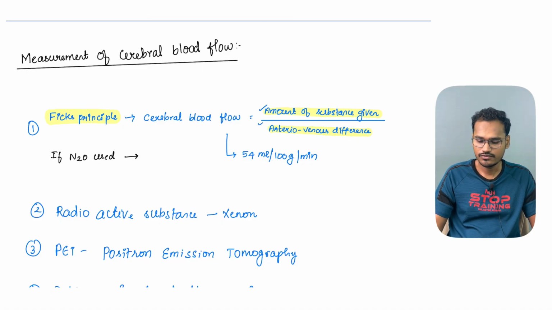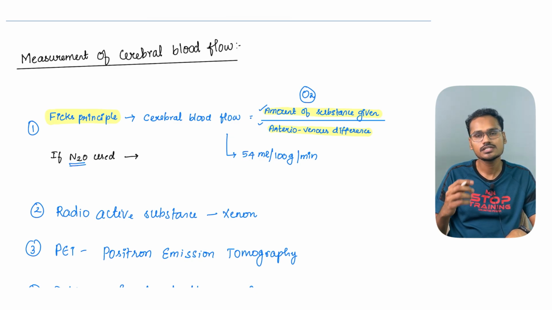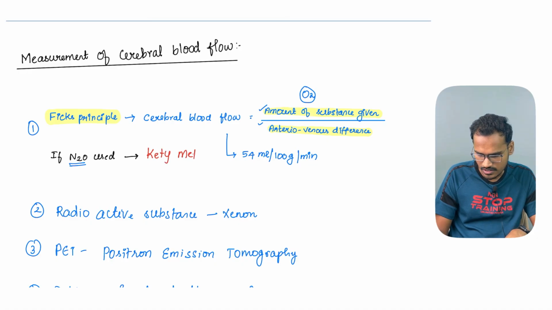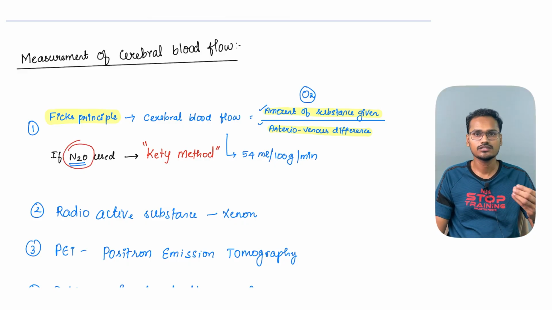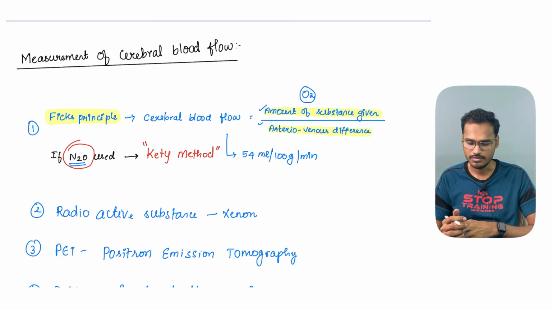For the cardiovascular system we were using oxygen as the gas, but for cerebral circulation we use a special gas, nitrous oxide. Whenever nitrous oxide is used to estimate cerebral blood flow, that method is called the Kety-Schmidt method. It is the same Fick's principle only; the gas used here is changed to nitrous oxide.